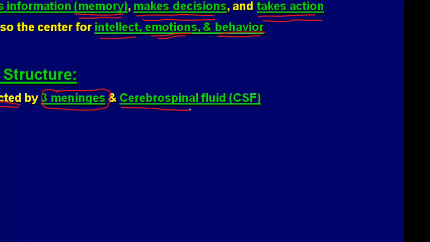The brain's also protected by a clear fluid called cerebrospinal fluid. This fluid is produced inside the brain, and then it encircles the brain and travels through cavities within the brain. Cerebrospinal fluid is going to be a big topic in this PowerPoint. Where it comes from, where does it go, what does it do?